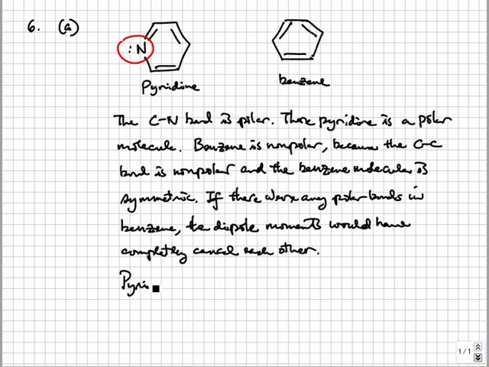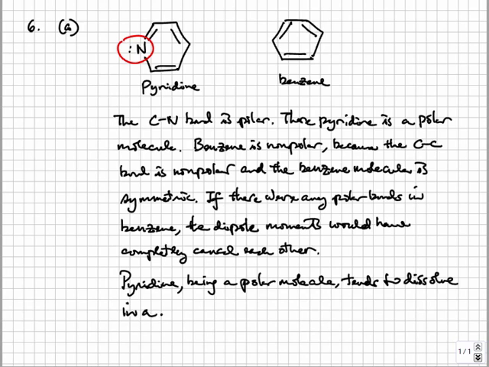Since pyridine is polar, it tends to dissolve in a polar solvent like water. Benzene is nonpolar and does not dissolve in water.